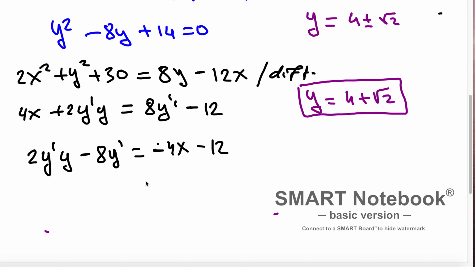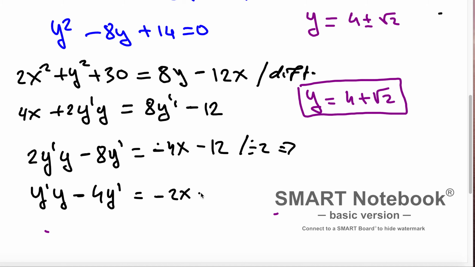Now I'm dividing everything by 2. So y prime times y minus 4, because I'm dividing everything in half, is equal to minus 2x minus 6.